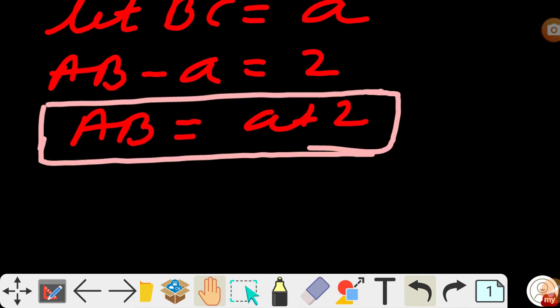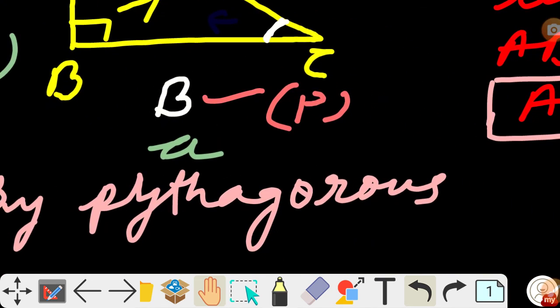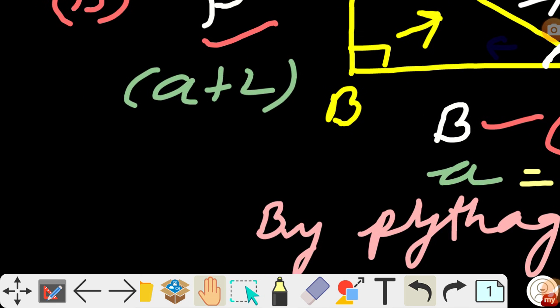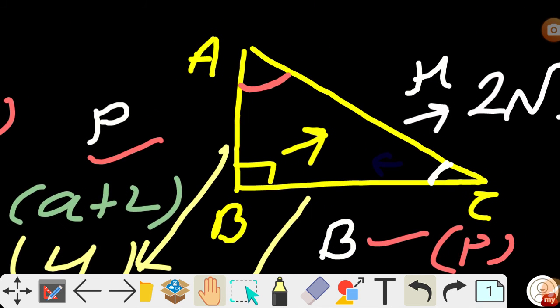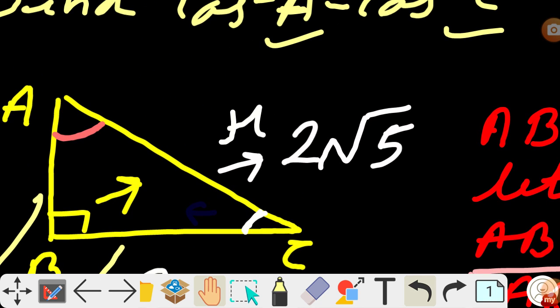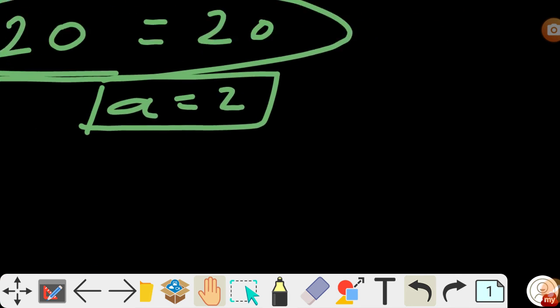So put down the value of a. a equals 2, and a plus 2, 2 plus 2, we get 4. So AB becomes 4 and BC becomes 2 and AC we have 2 root 5. So now apply the logic which you considered here.